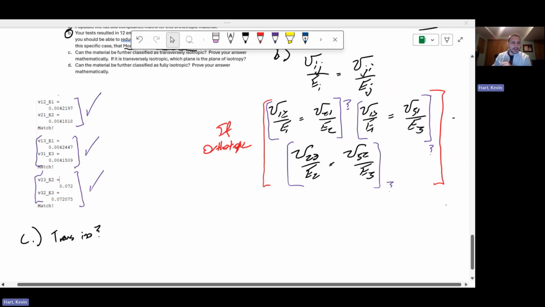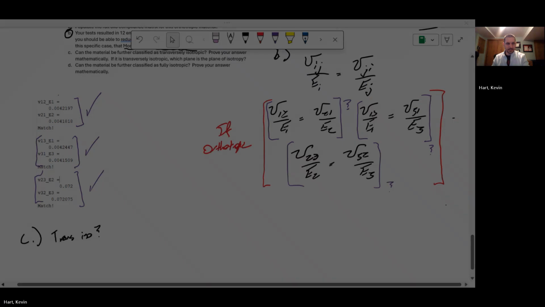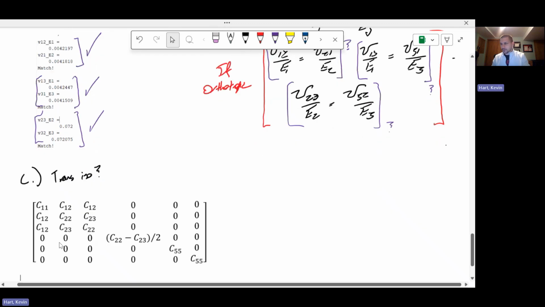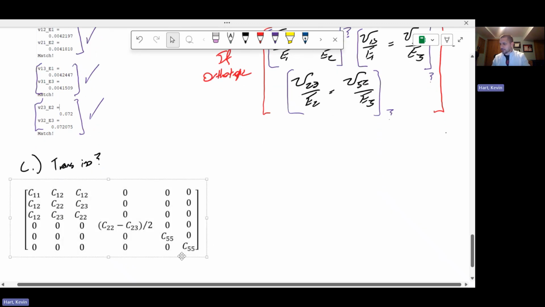So if you go to the notes and look at the conditions to be considered transversely isotropic, you could think of it in terms of C11, C12, etc. So if it's transversely isotropic, this must be true.